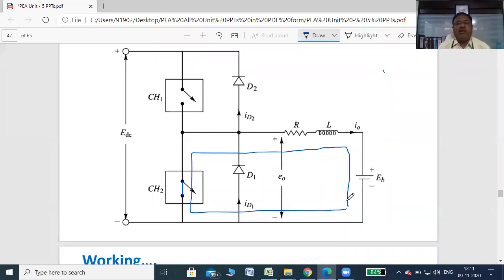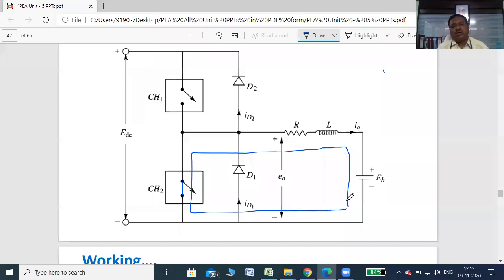In a railway, such a type of chopper is used. See, when CH1 is on, at that time the railway motor may rotate in a forward direction. So it is called forward motoring. Whenever the railway driver wants to brake the motor, he turns on chopper 2, turns off chopper 1, and then turns off chopper 2.